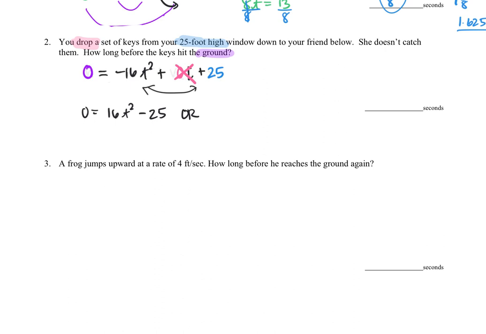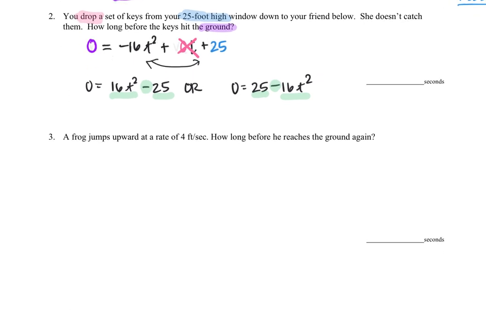Instead of having it being -16t squared, I would write it as 25 minus 16t squared. In both cases, take a look. You have a difference of 2 perfect squares. And so this is going to factor really nicely. But let's practice setting up the next one.